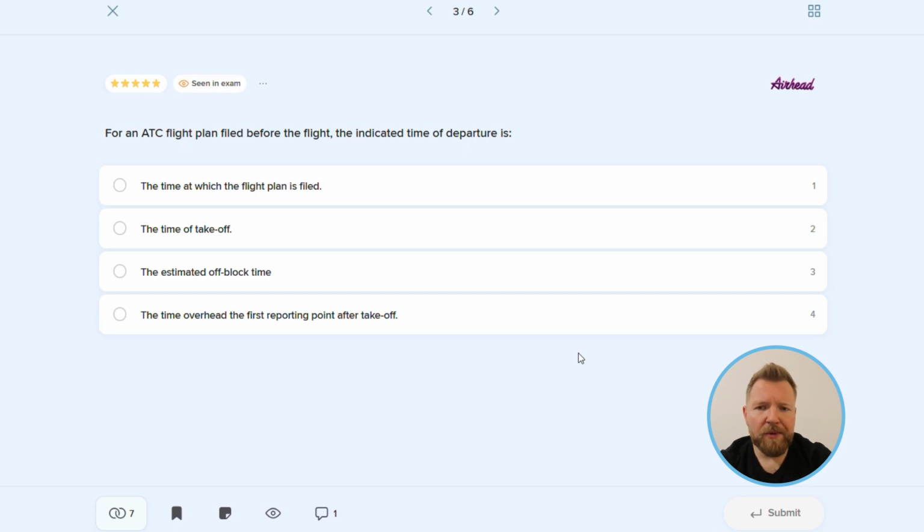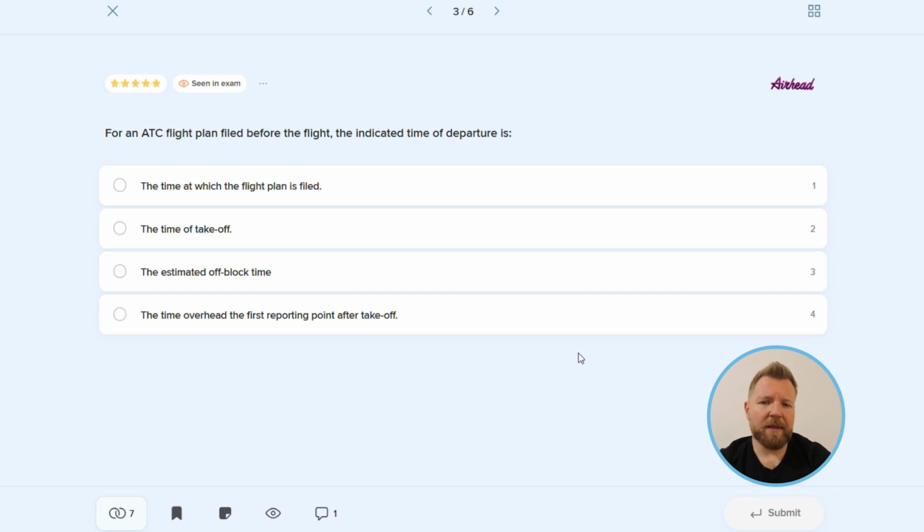The information regarding time of departure we have to provide in item 13, departure aerodrome and time. If we are filing a flight plan before departure, then in item 13 we have to insert the EOBT, estimated off-block time. It is the estimated time at which the aircraft will commence movement associated with departure.